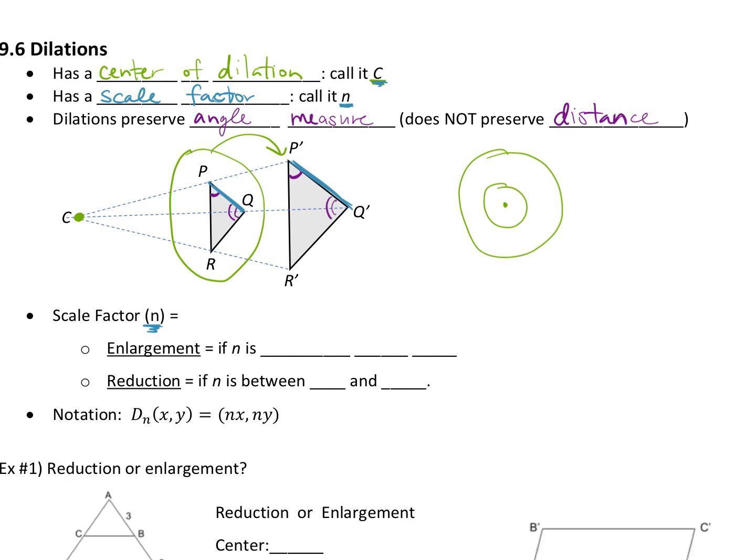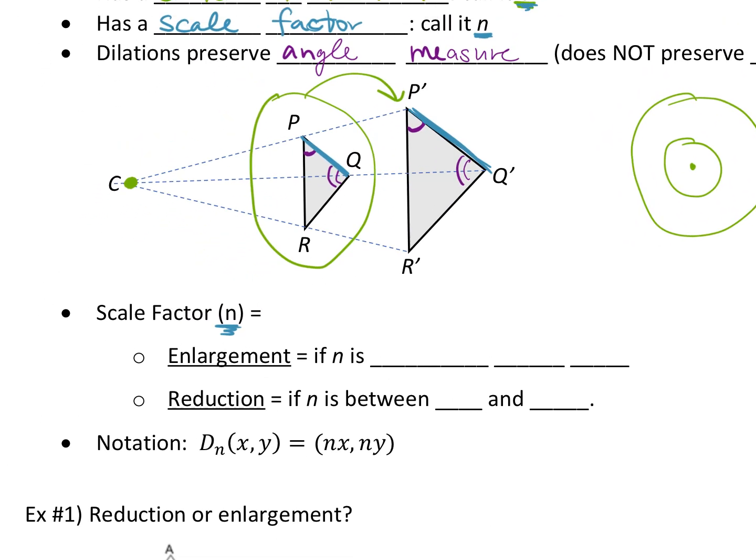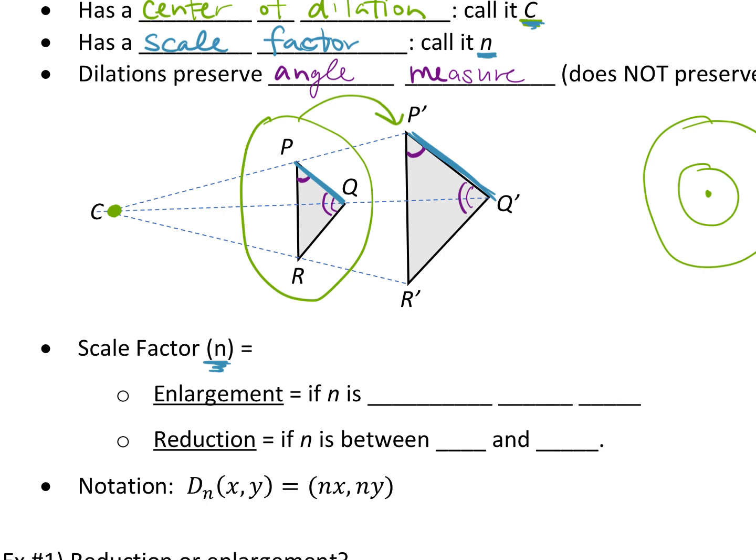Your scale factor with these things will always be your image, what a figure became, over your pre-image. So like in this picture, the image is P prime Q prime, and we would divide that by PQ.